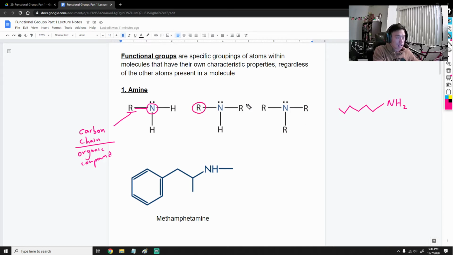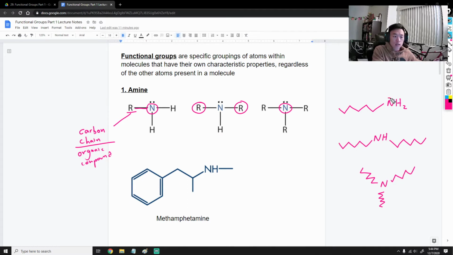And then another type of amine would be a nitrogen in between carbon chains. So we can have a carbon chain, a nitrogen connected to a hydrogen, which connects to more carbons, or it could be a nitrogen in between three different carbon chains. So you could have a carbon chain like this, and then a carbon chain like that, and a carbon chain like that.